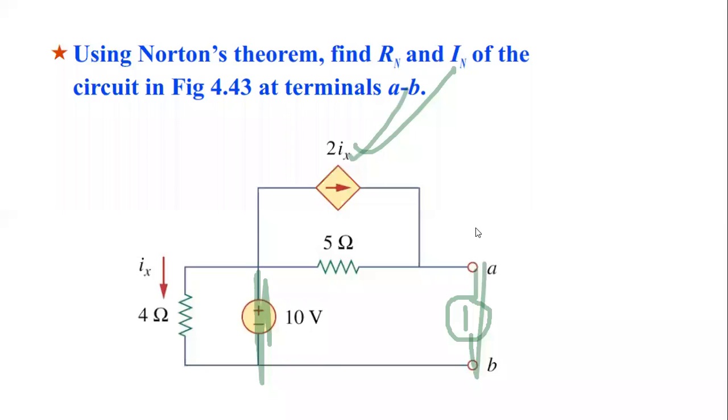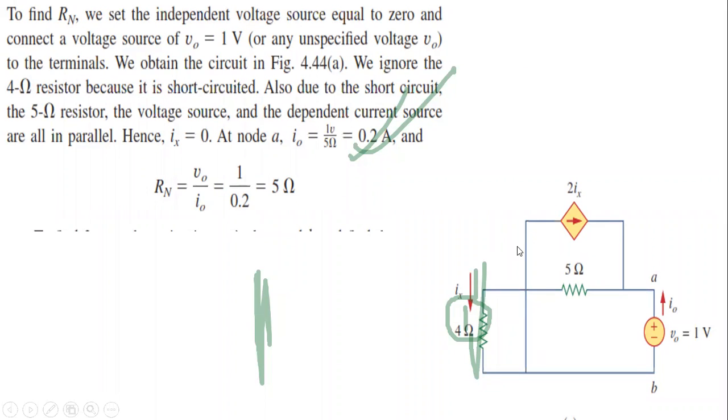So it is going to be like this. Either you connect a current source or a voltage source, no problem at all. In this circuit, they have connected a voltage source. Handling a voltage source is better as compared to a current source.